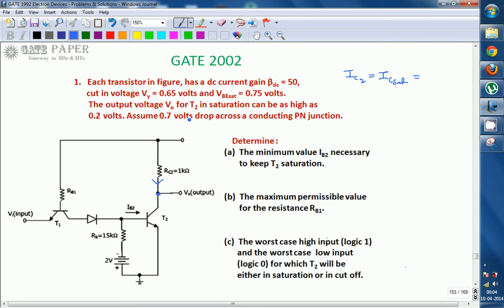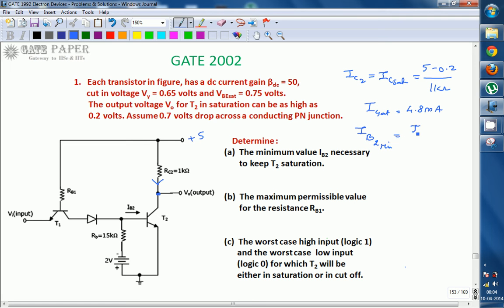It is not given, it is plus 5 volts. So 5 minus 0.2, that is VCC minus VCE saturation divided by 1 kilo ohm, which is nothing but IC saturation equal to 4.8 milliamperes, and IB is equal to IB2 minimum.